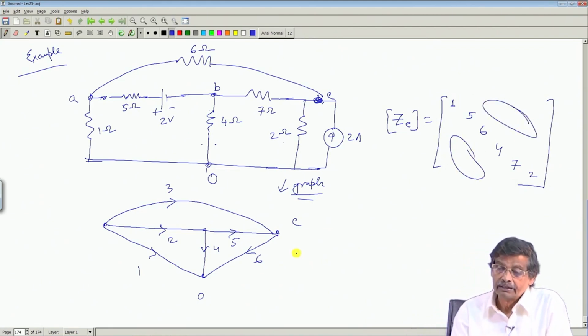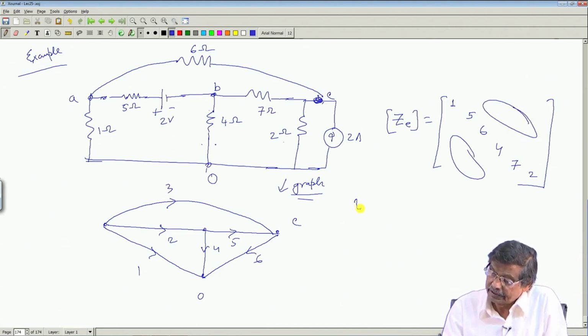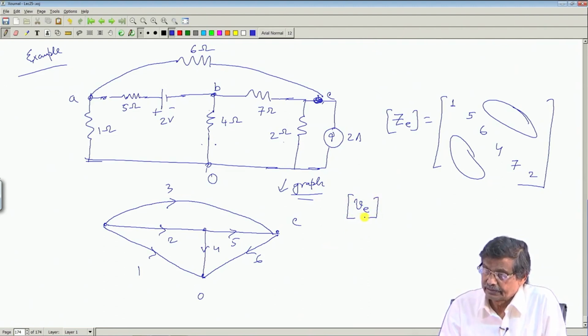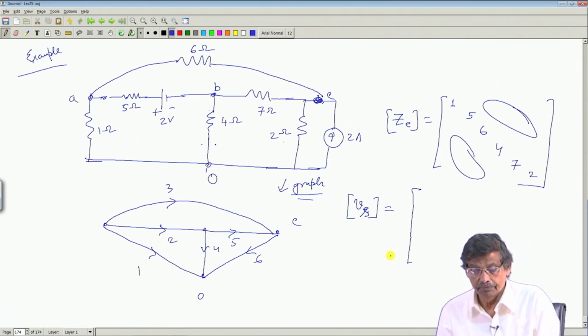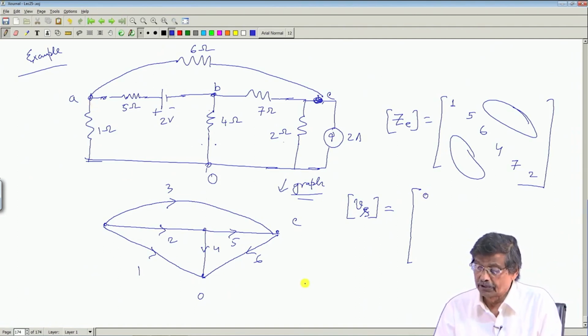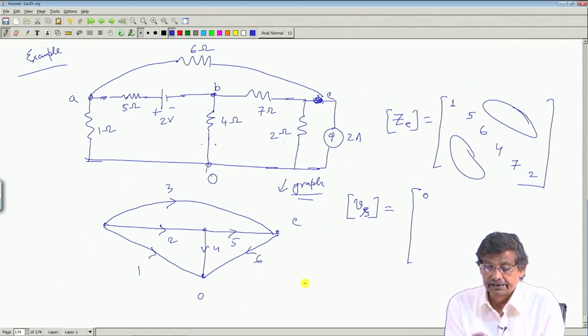Got the point? Suppose I want to make the column vector of the sources, Vs. What should I do? Column vector will be all the source voltages present in all the elements. Start with element 1. Is there any source voltage? No, 0. It will be a column vector. Element 2, source voltage is there? Yes, it is there.